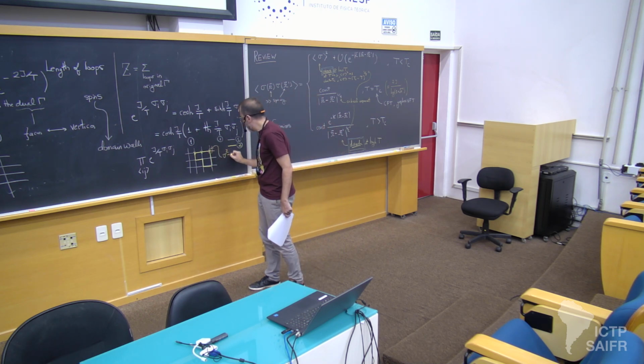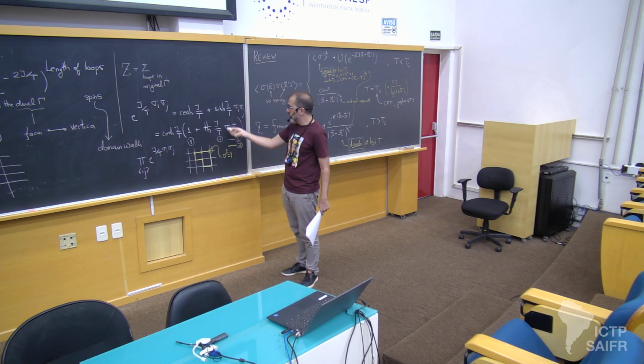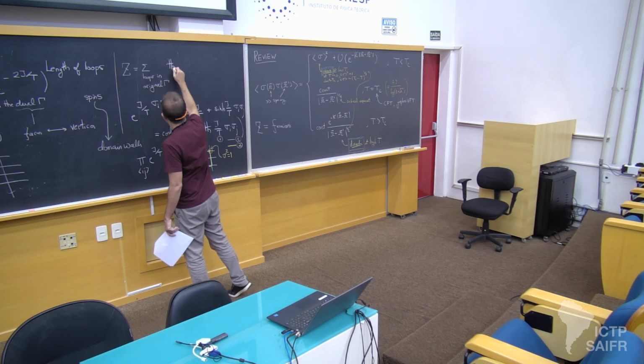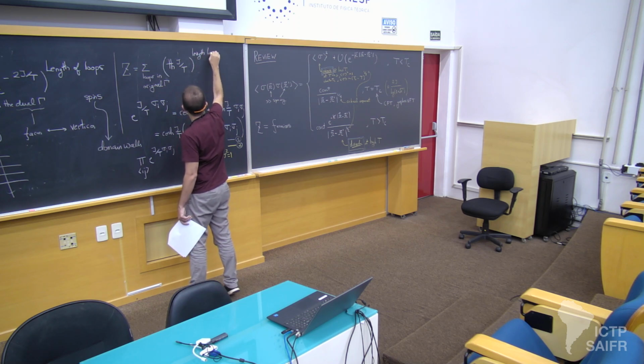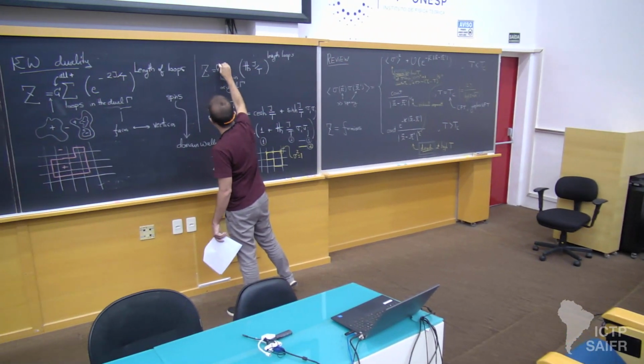Sigma squared is equal to 1. And therefore, I can just ignore all the sigmas and say that my result is just hyperbolic tangent of J over T to the power of the length of the loops, times an overall constant that I put outside.